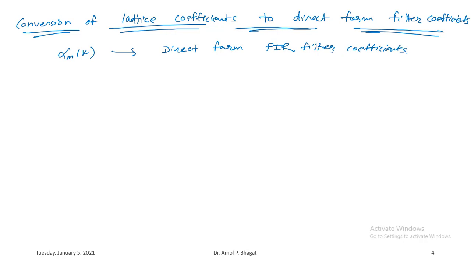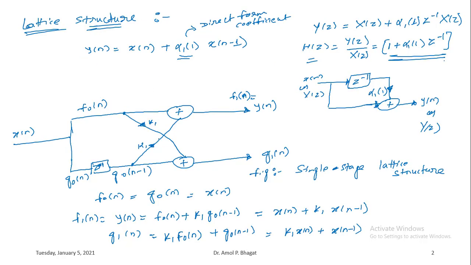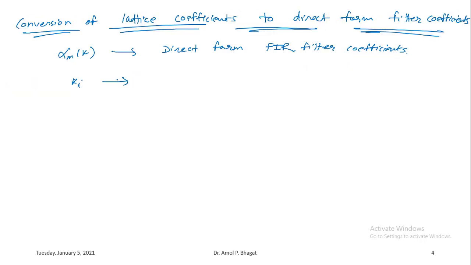Okay, so this alpha m of k can be obtained from the lattice coefficients. So these lattice coefficients can be represented as ki. Okay, in two-stage lattice structure, those coefficients were k1, k2, while in single stage lattice structure the coefficient is k1. In three-stage lattice structure, coefficients will be k1, k2, k3.